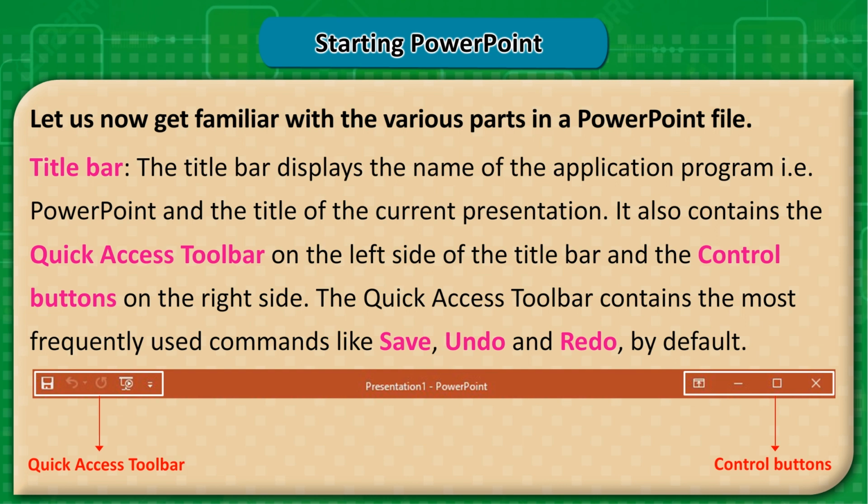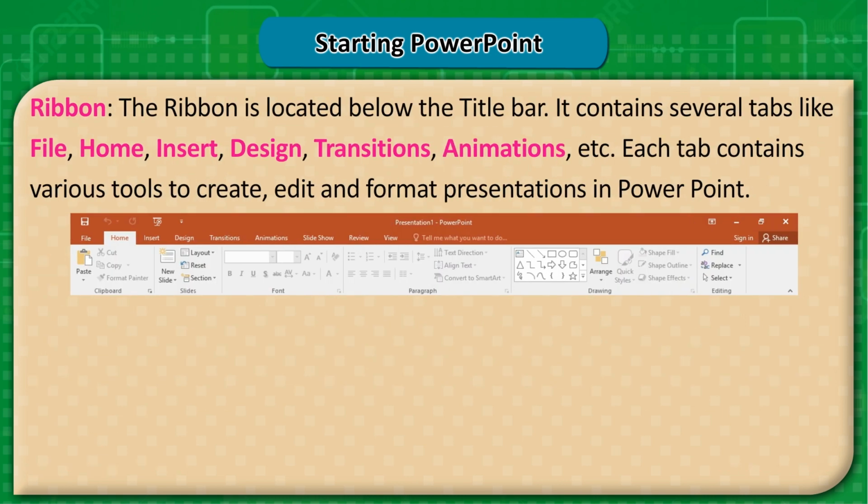The Quick Access toolbar contains the most frequently used commands like save, undo and redo, by default. Ribbon. The ribbon is located below the title bar. It contains several tabs like File, Home, Insert, Design, Transitions, Animations, etc. Each tab contains various tools to create, edit and format presentations in PowerPoint.